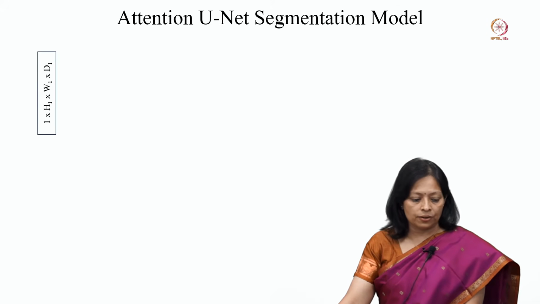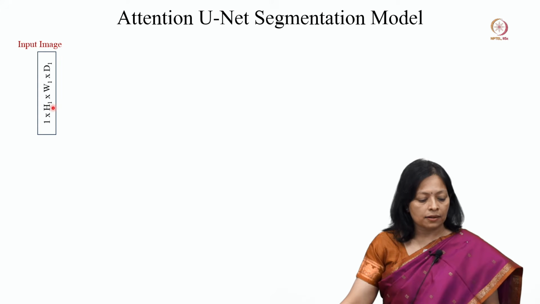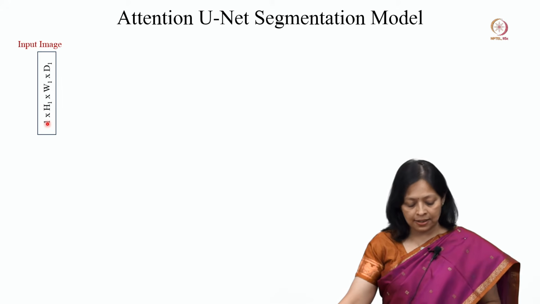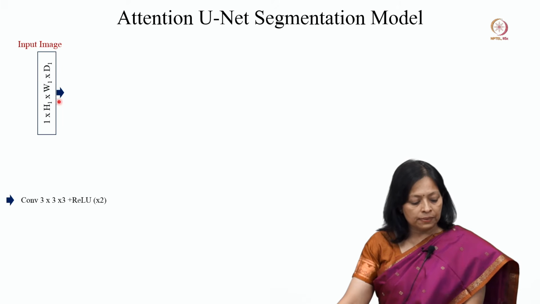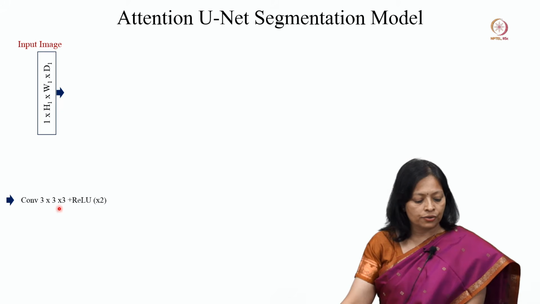What is the architecture? Suppose I have an input image of height h1, width w1, and the input channels are d1, and this is the number of output channels. This blue means there is a 3 cross 3 cross 3 convolution with ReLU, and the convolution happens 2 times.